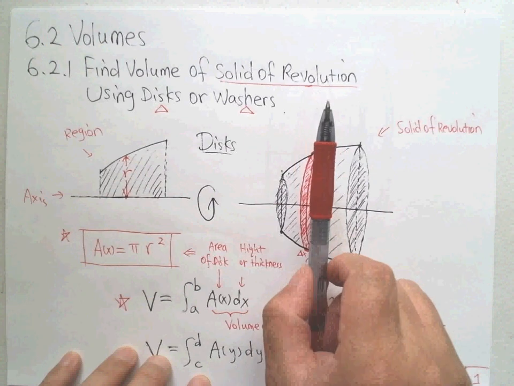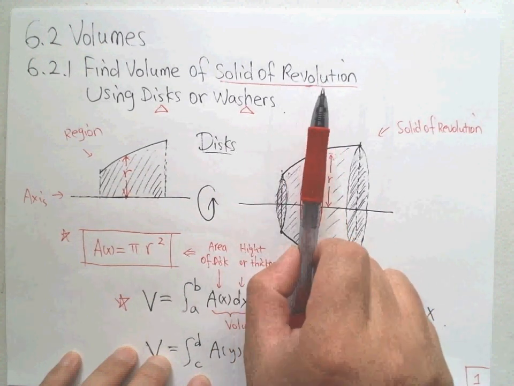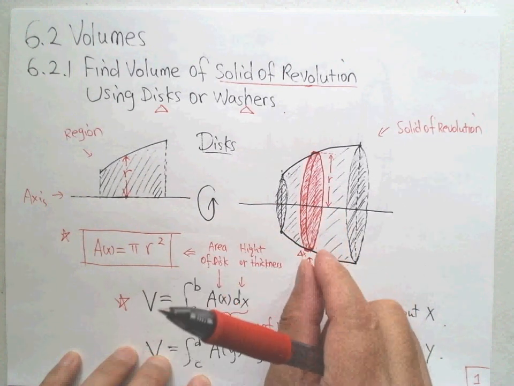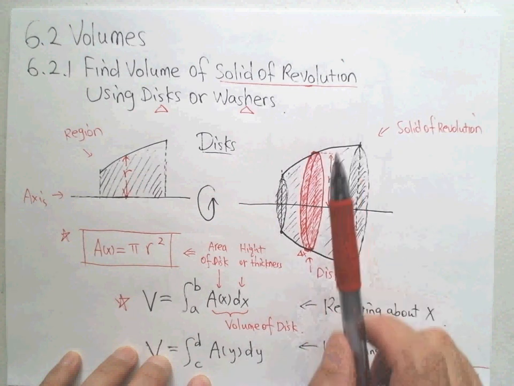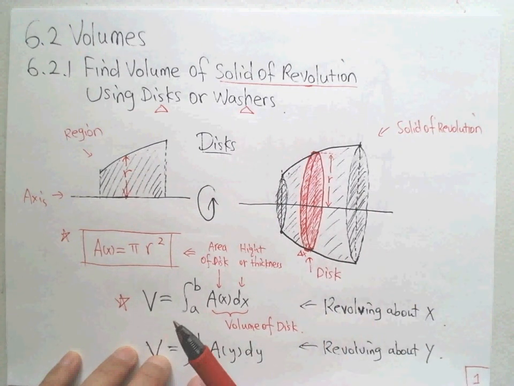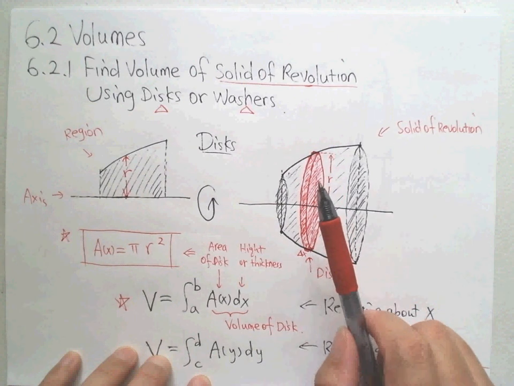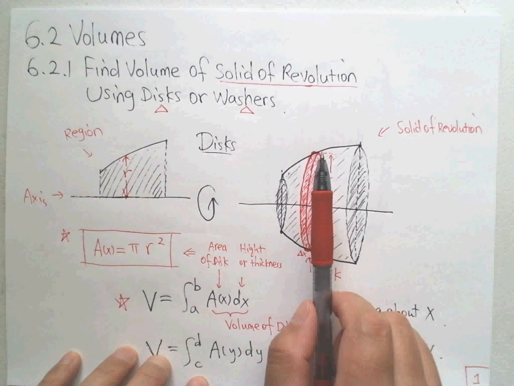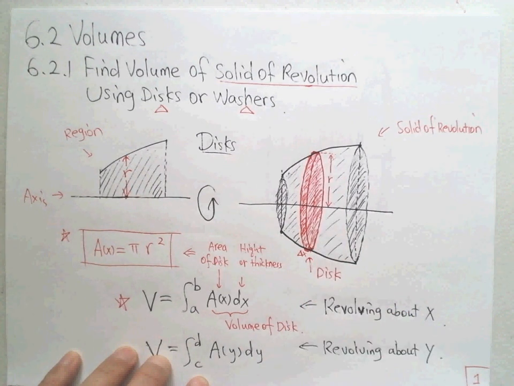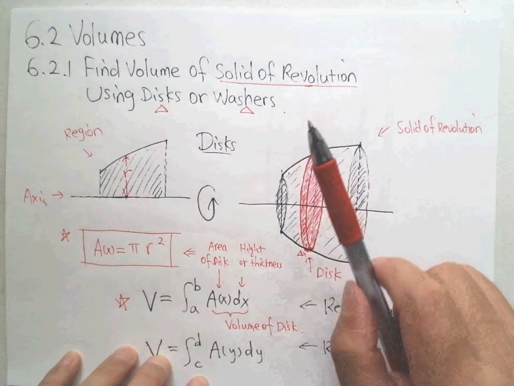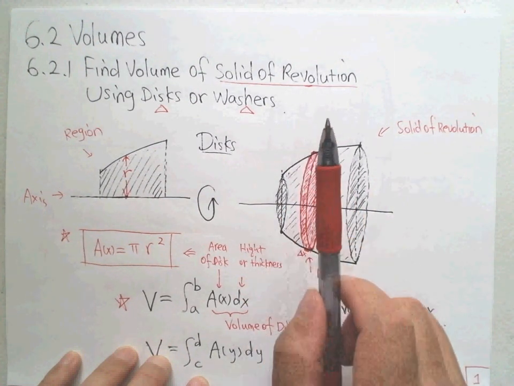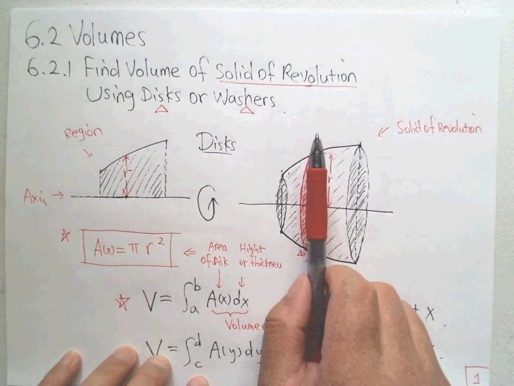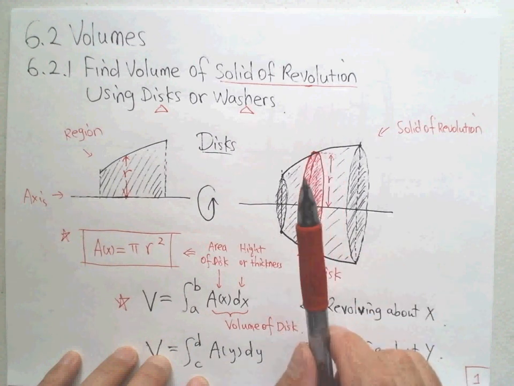You can imagine, if you cut into pieces and the thickness is very small, very thin, what does this small solid look like? It looks like a disc, right? Or a cylinder. If you think about it, this disc is a kind of cylinder. So we can approximate this small solid by a disc.